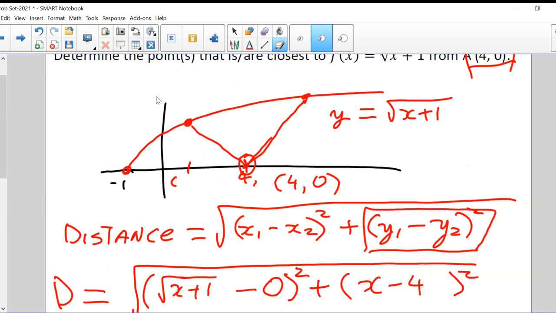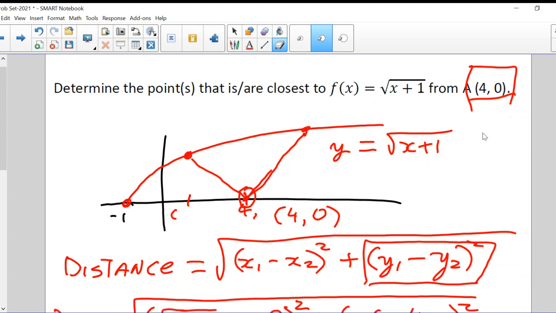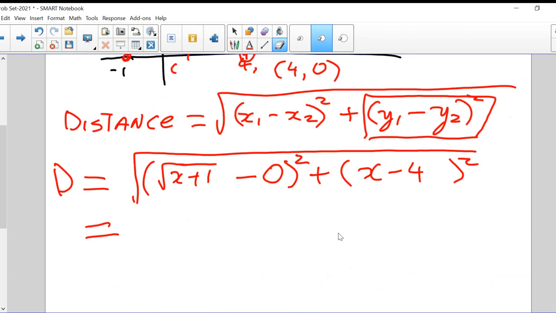Let me go back to the question to show you that. Determine the point or points that is closest to the 4, 0. So because we're trying to find a minimum value on this function that gives me the distance between 4, 0 and some point on the graph, that's why we need the derivative. Does that make sense, Adam? We need the derivative to minimize the distance between that point and, okay, good. Thank you. Okay, let's keep going.